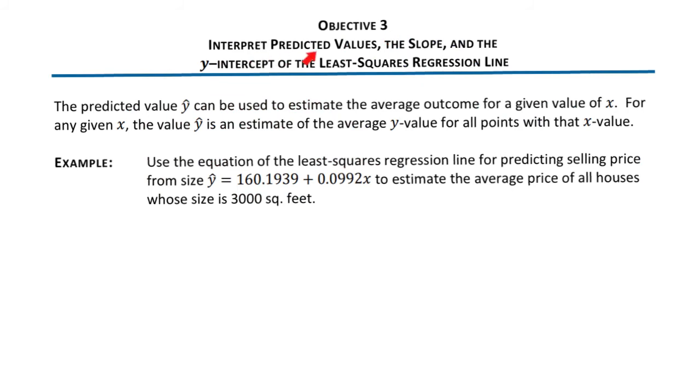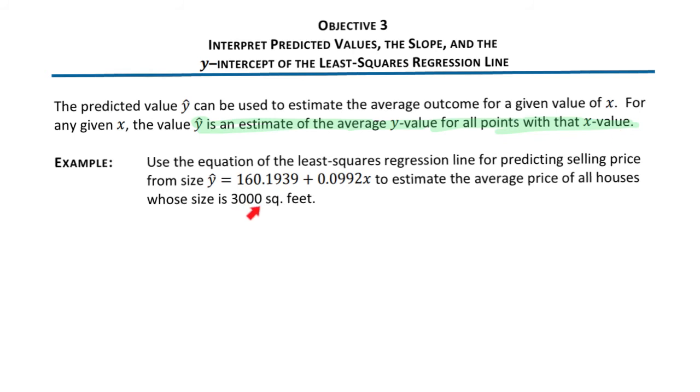Objective 3. Interpret predicted values, the slope and the y-intercept of the least square regression line. Use the equation of the least square regression line for predicting the selling price from size to estimate the average price of all the houses whose size is 3000 square feet. Y hat is an estimate of the average y value for all points with that x value.